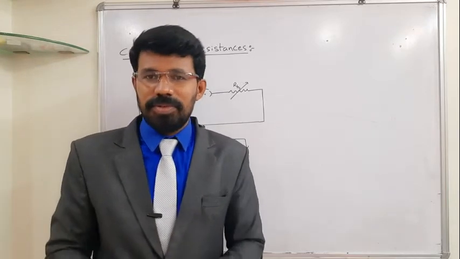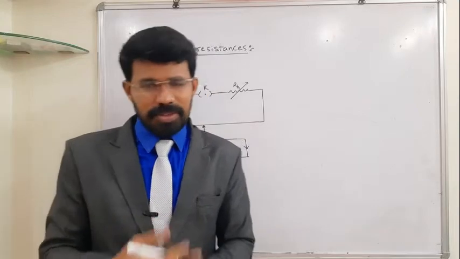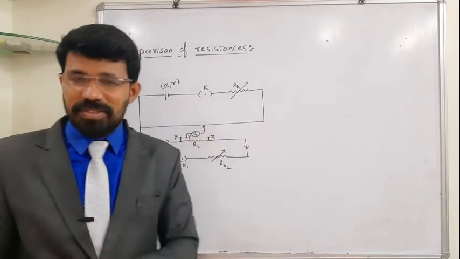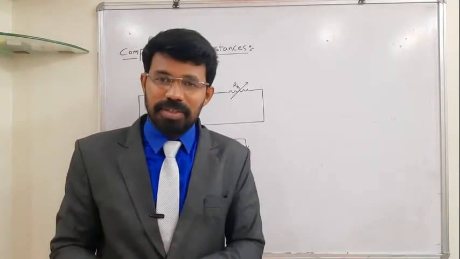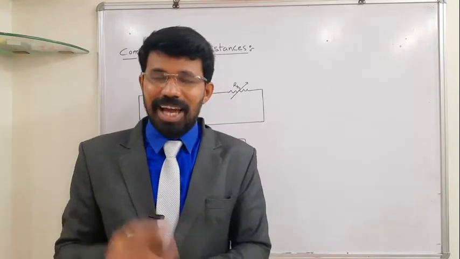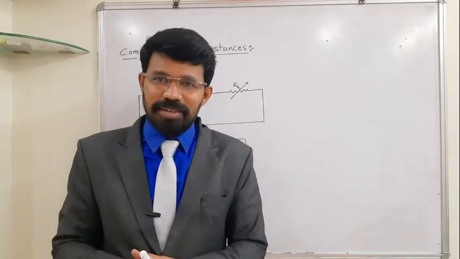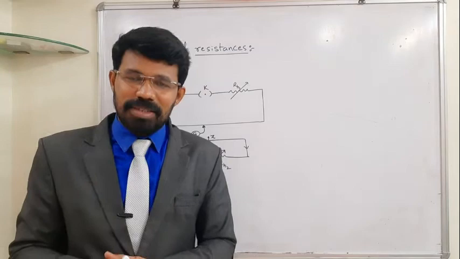The other uses are, as you saw yesterday, comparison of EMFs of two cells and finding internal resistance. Today we will deal with comparison of resistances, and I will also deal with calibration of instruments like ammeter and voltmeter. Calibration means identifying and rectifying any error in the instrument.